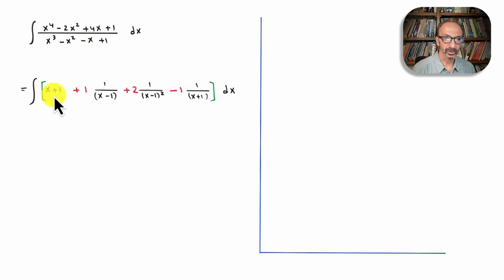Applying the integration to every term and thinking about which rule to use. Looking at this one right here, we're going to take it to the side and take care of it. Let's take the third term from the remainder when we divided outside, 1 over x minus 1 to the second.